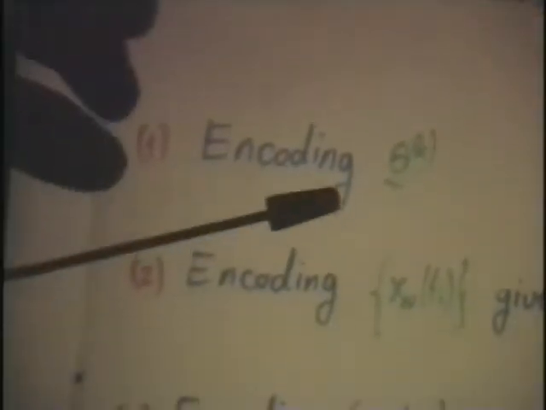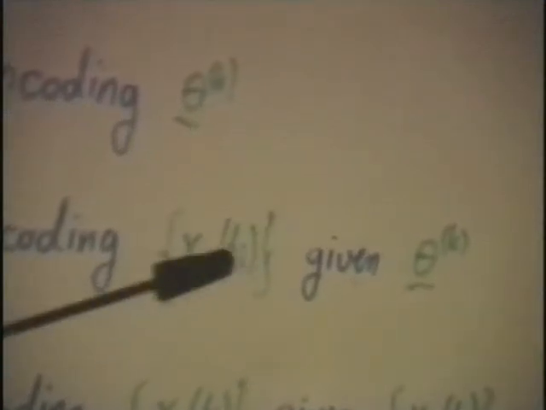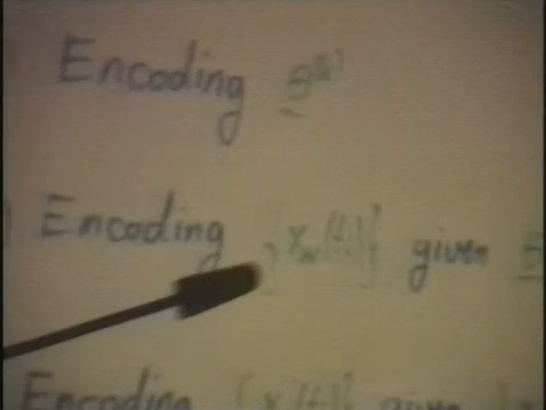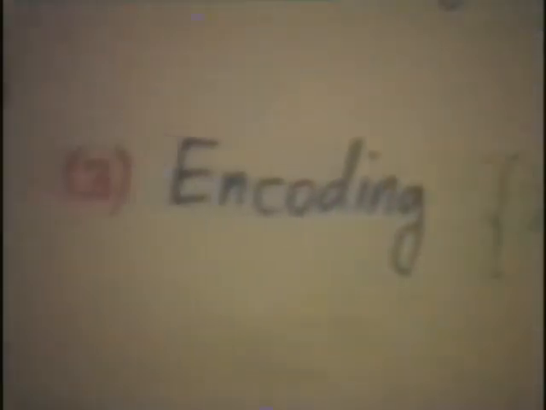Then, knowing the signal subspace, we can encode the projection on the signal subspace. So we encode the data given the signal subspace, and then we encode the projection on the noise subspace.